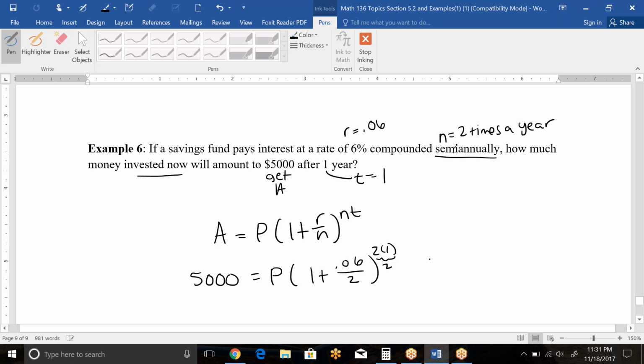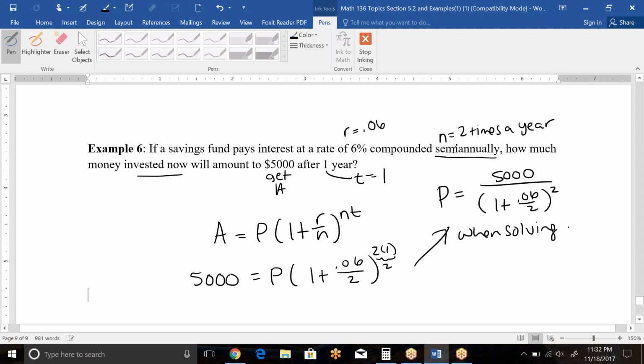So my exponent's 2. I usually resolve this for P. So this is 5,000 divided by parentheses 1 plus 0.06 over 2 to the 2. Now, when solving for P, specifically P, always round up.